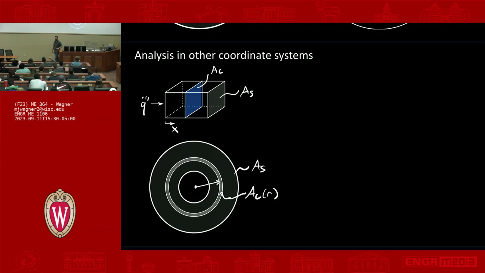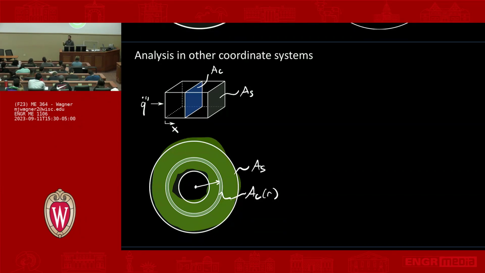Yeah? Is this like a hollow cylinder? The question was, is this a hollow cylinder? Yes, so I'm trying to draw it like this. Everything in here is solid, like this.